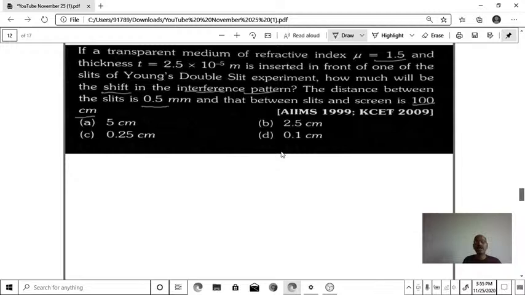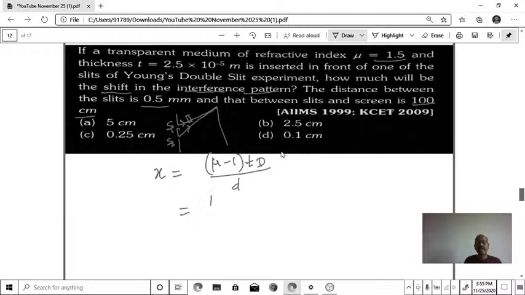In one of the paths of the two slits S1, S2, you are placing a glass plate of thickness t. What is the lateral shift? We just discussed: lateral shift equals (mu minus 1) into small t into capital D by small d. All is given.